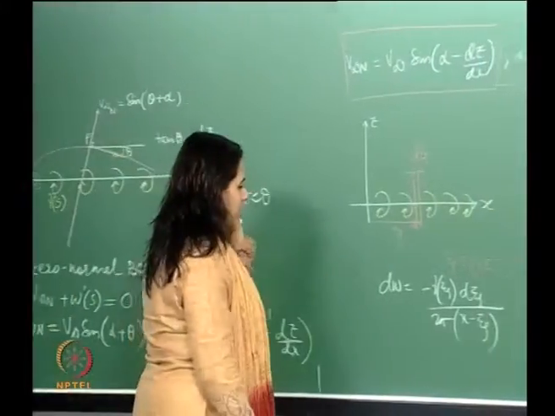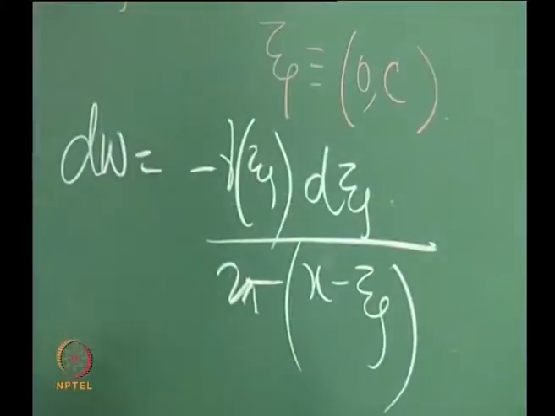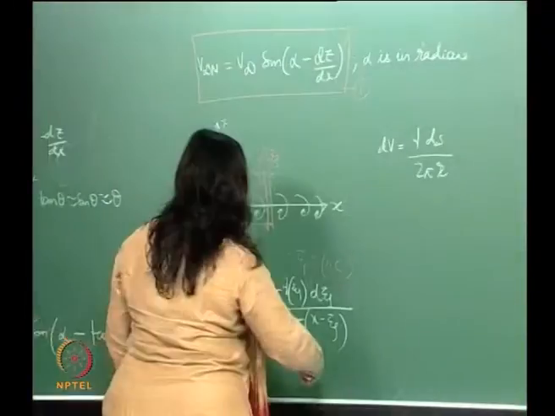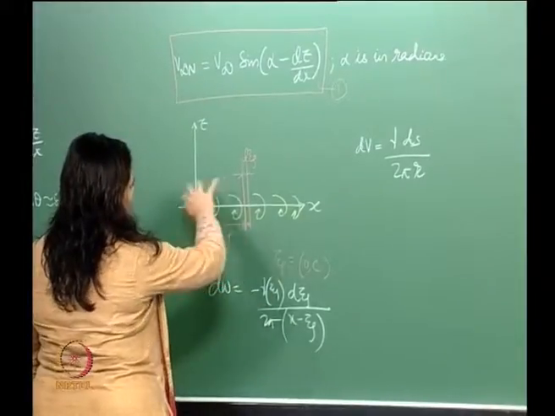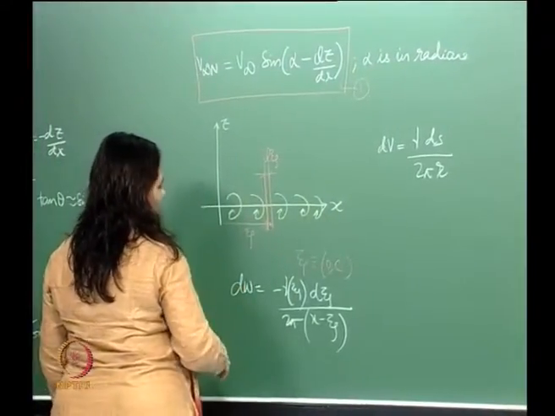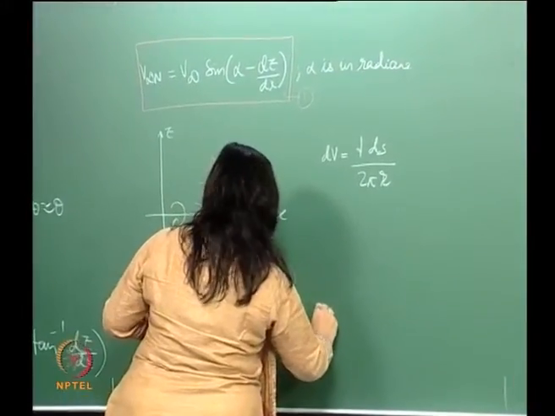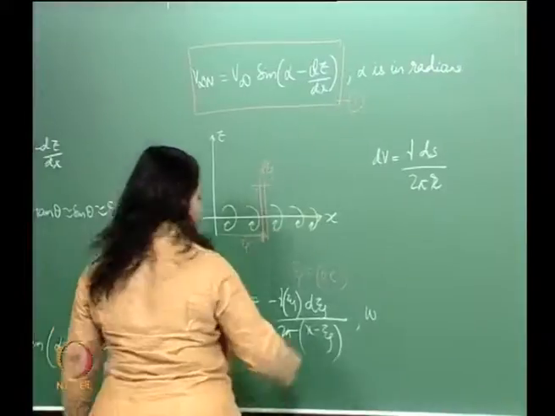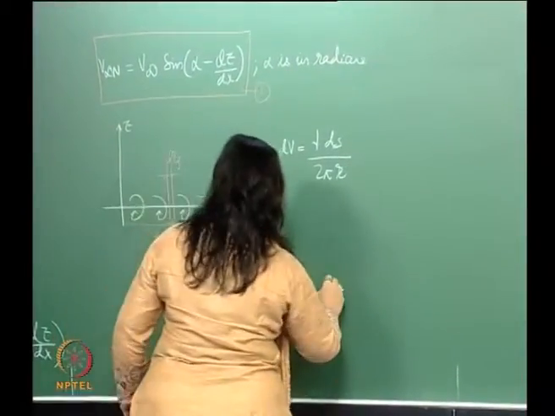If I do that, this is dw, and the total velocity distribution over this airfoil would be, so I will write that basically here.